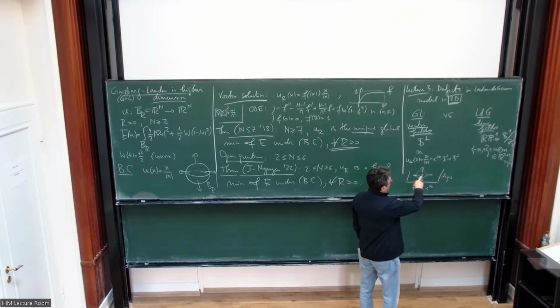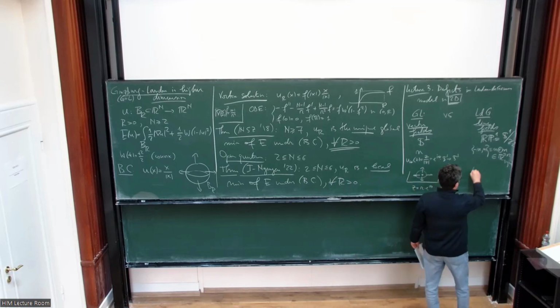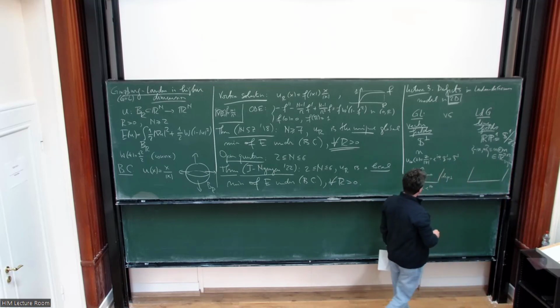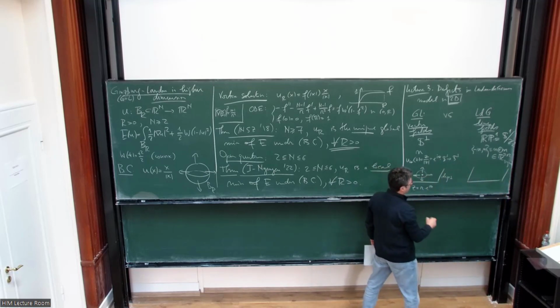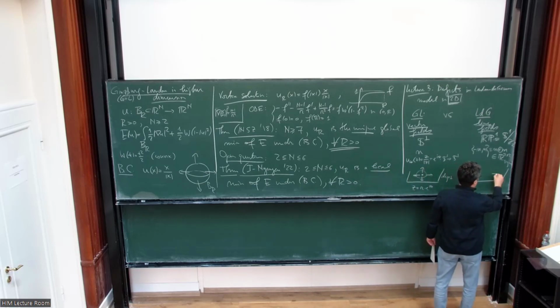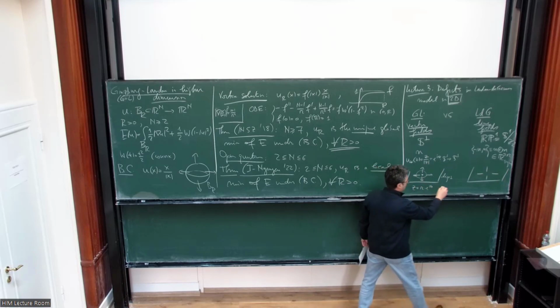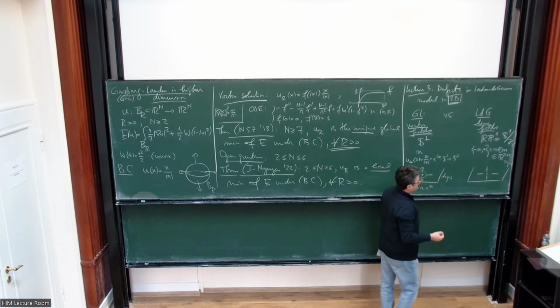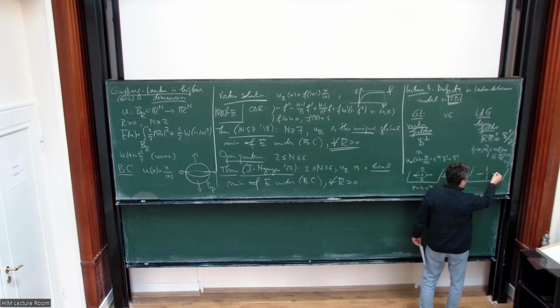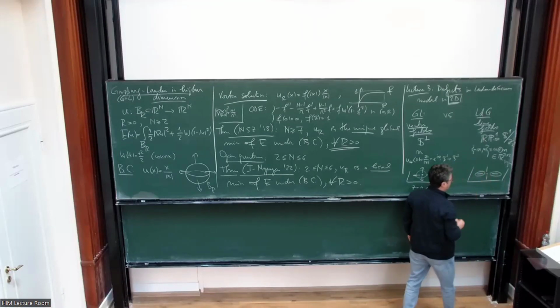Okay. Let's see what's happening for the line field. So for a line field, I don't have any orientation. So what you do is that you just erase the orientation, okay? But then what you see? You see that this one is the same as this one.